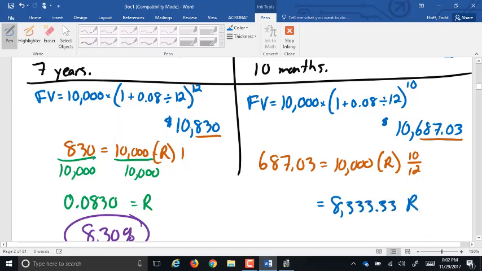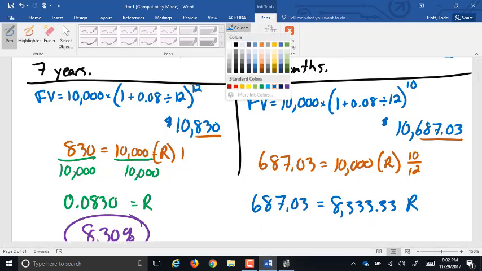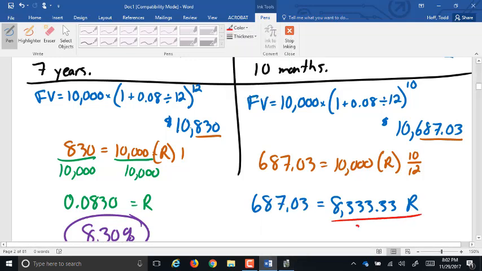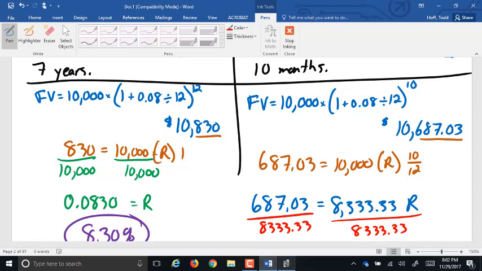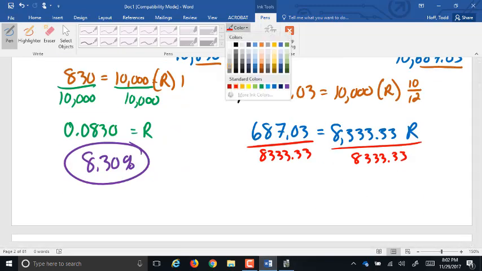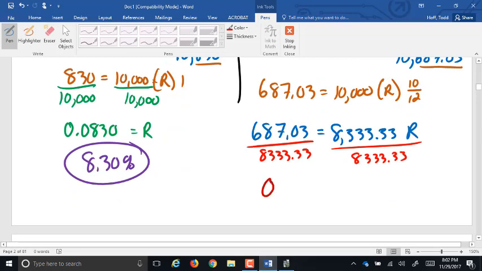So now we're going to divide by $8,333.33. That's 0.08 what? 2443.